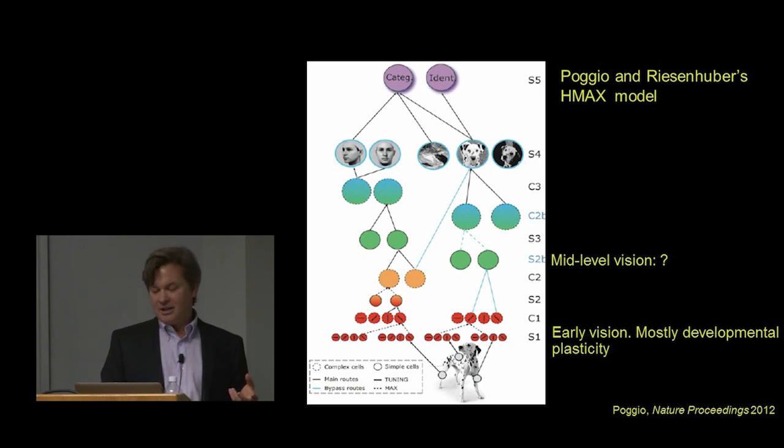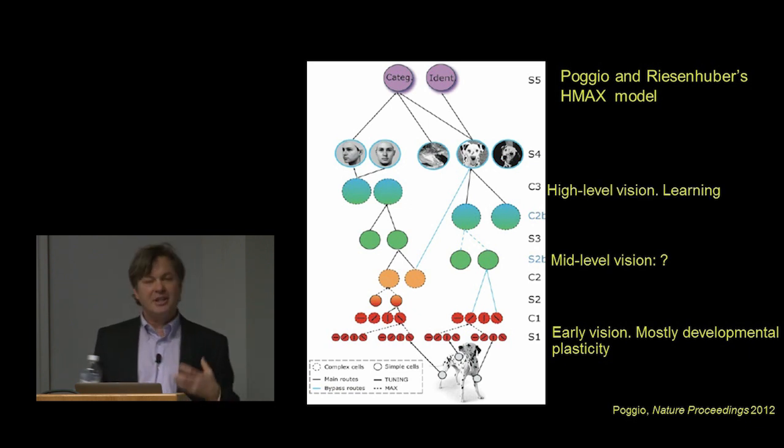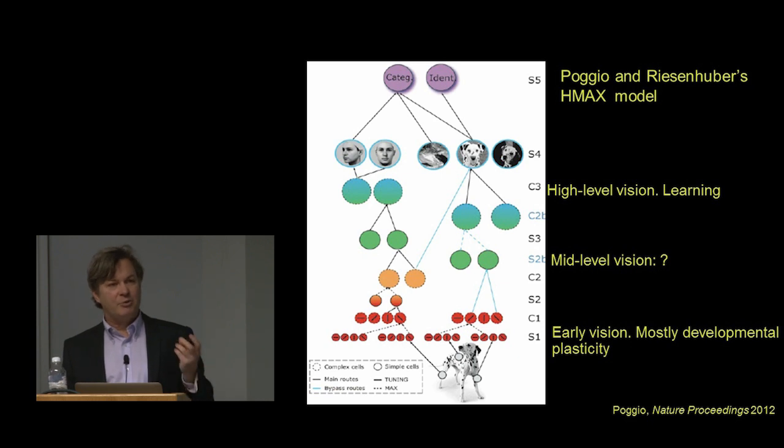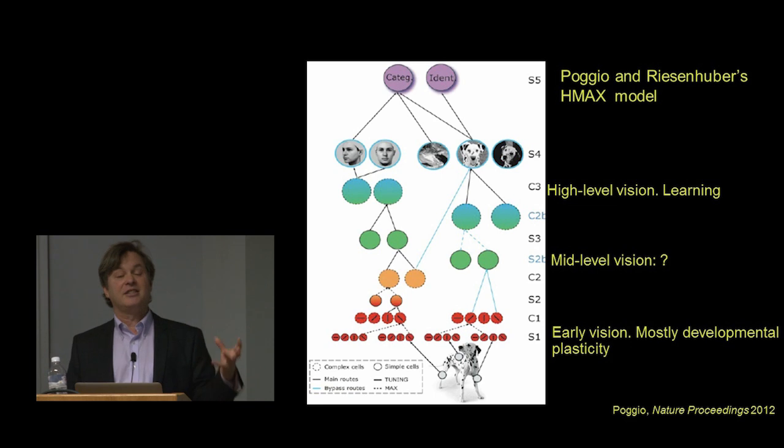Mid-level vision, it's hard to say how much of that is early developmental and how much of that is later plasticity and learning, to first approximation. But certainly high-level vision has to be learning at some level. If we have neurons in humans that respond to Jennifer Aniston's face, that has to be a learned attribute.